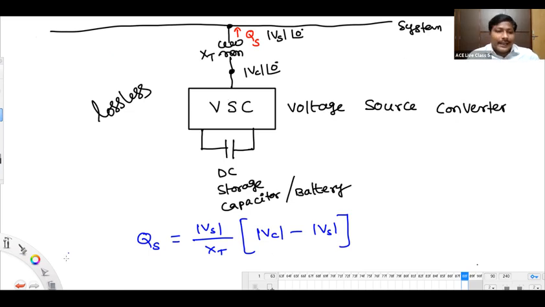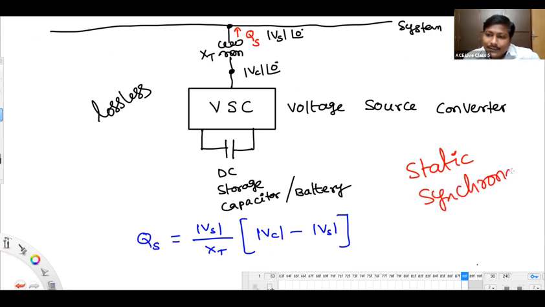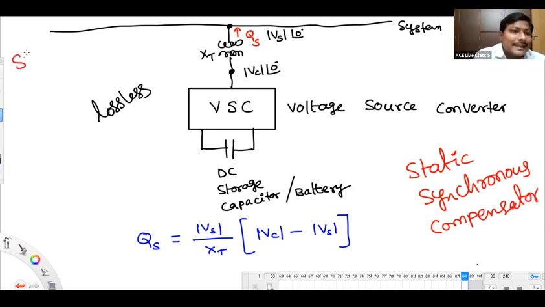This we are going to name as static synchronous compensator, shortly called STATCOM.